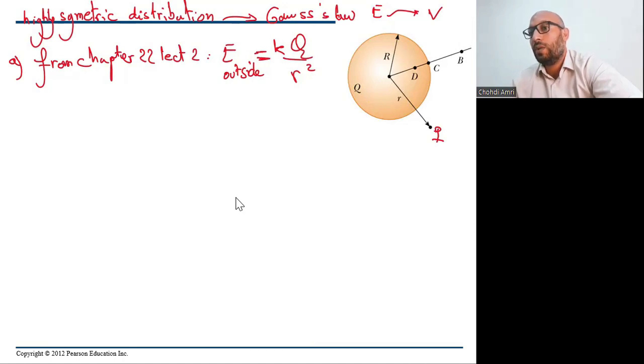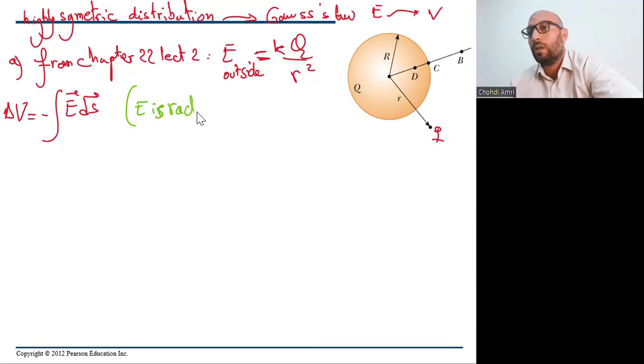So in this case, we know that the electric potential difference equal minus integration of E ds. Our electric field is radial. Okay? It depends on r. So in this case, E ds as dot product will be equivalent to E, depends on r, dr cosine theta.